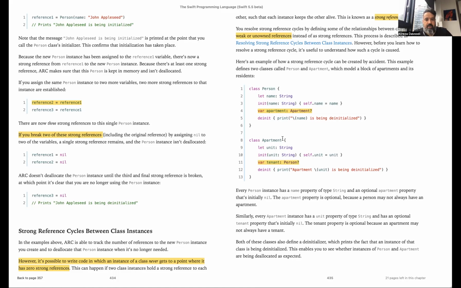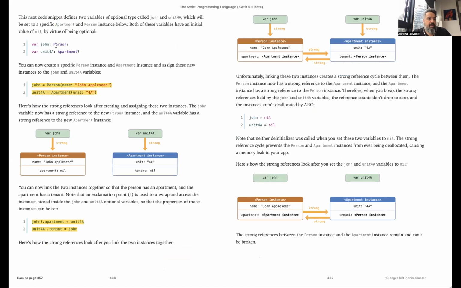So let's say we define one reference called john of type Person and unit4A of type Apartment. Then we create an object from Person and assign it to john, and we create an object from Apartment and assign it to unit4A. So john right now is a strong reference.